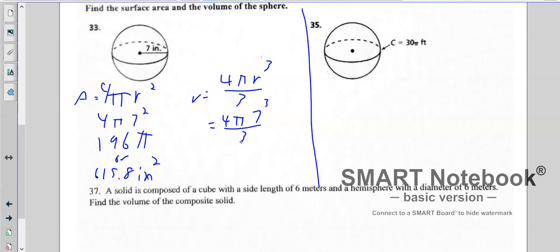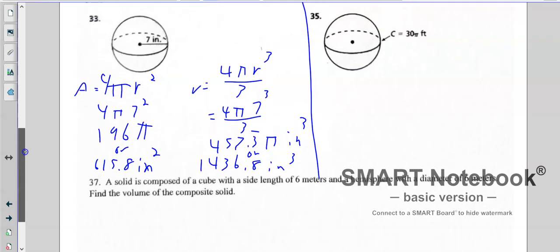When we do that, we get 457 and a third, or 0.3 repeating, pi inches cubed. Or if we multiply by pi, we get 1,436.8 inches cubed. That's cubed because we're finding volume. It's just plugging the numbers into the correct formula.